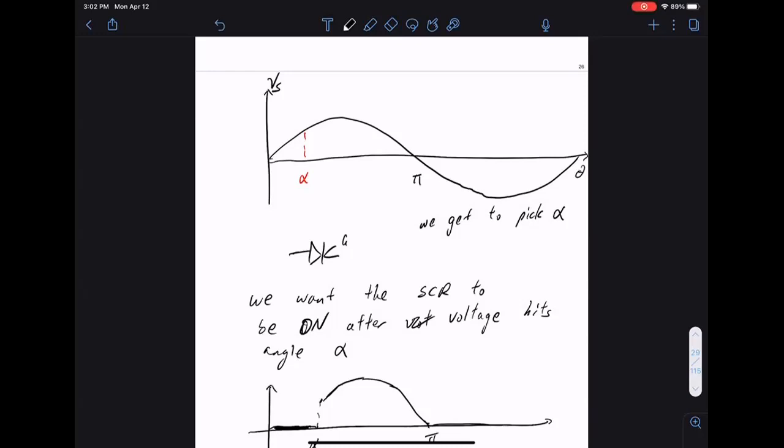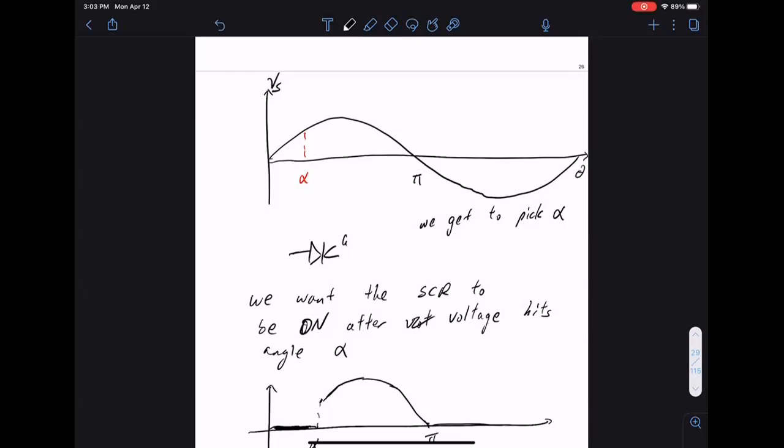No. So let's back up, right? Whenever you compute alpha, you're computing based on when you want to be on. The way we do the computation is we say, okay, this SCR should turn on at this voltage value, which translates to this alpha, right?